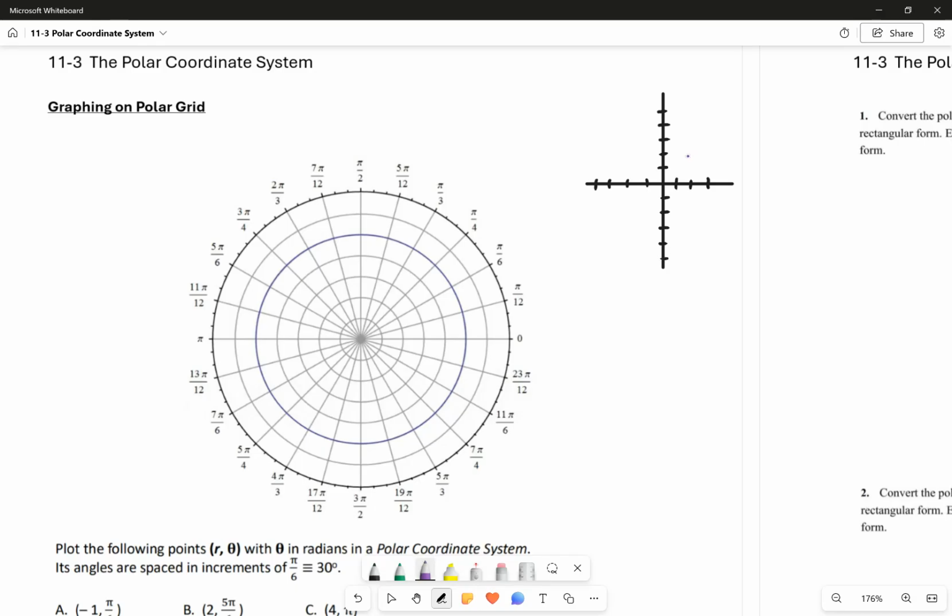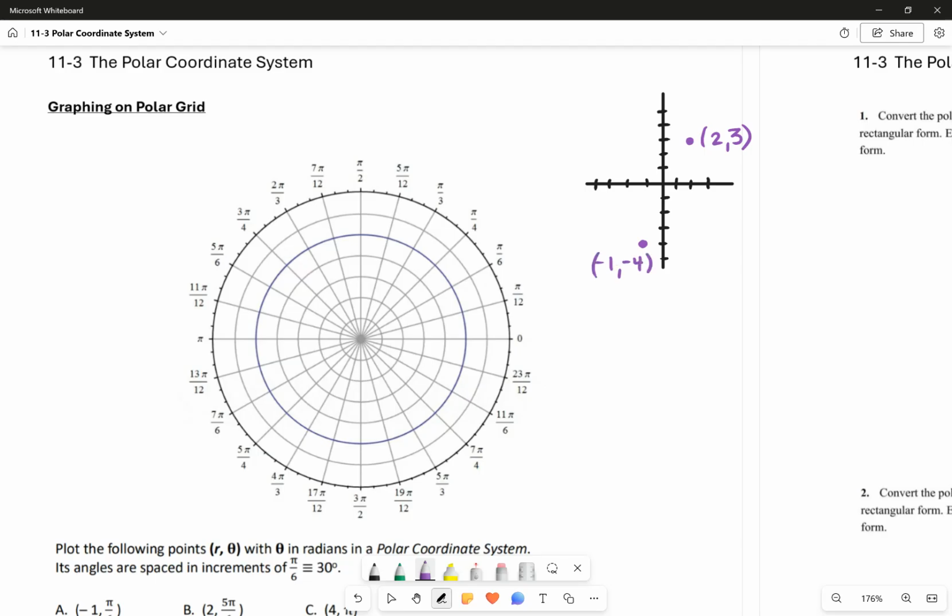So for instance, if I were to plot this point right here and ask you what's the location of this point, you would tell me the point is located at (2, 3), where 2 is the x and 3 is the y. Or I can come over here and ask, what is the location of this point? And you would tell me it is at (-1, -4), where the y distance is -4 down.